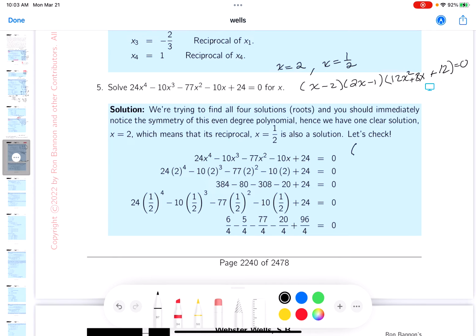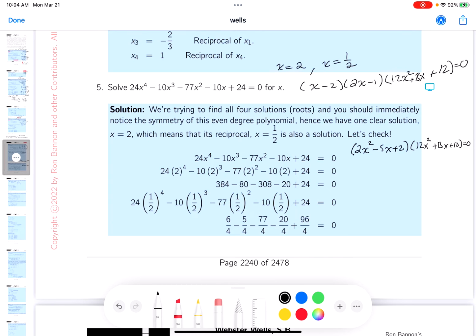So I'll write this a little differently. 2x squared minus x minus 4x is minus 5x, plus 2, times 12x squared plus bx plus 12, and that equals 0.